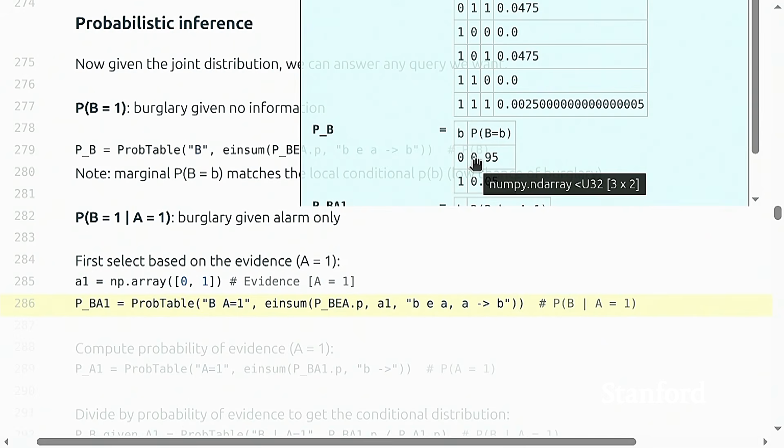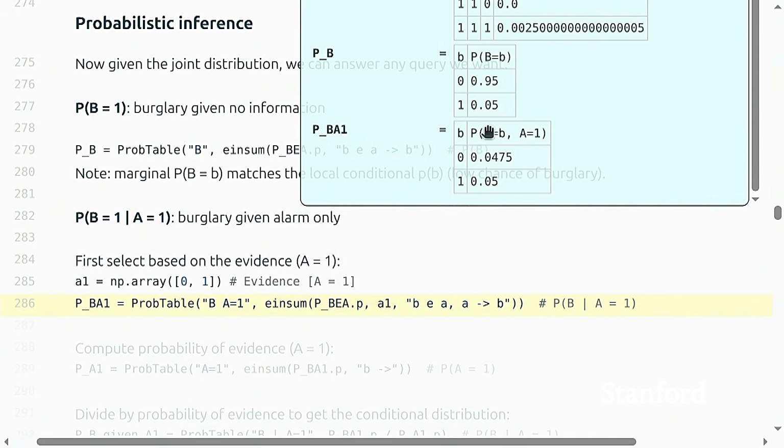Okay, so this gives me this tensor. This is the probability of B, ignoring earthquake, and alarm. Notice that the joint distributions are always small values, because both burglaries and alarms are pretty low probability. Now I need to convert this into a conditional.